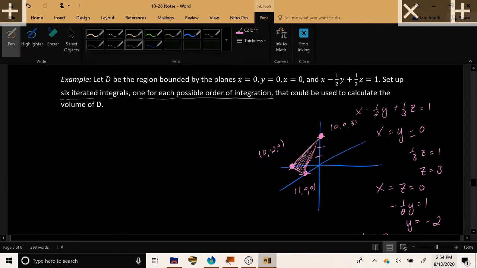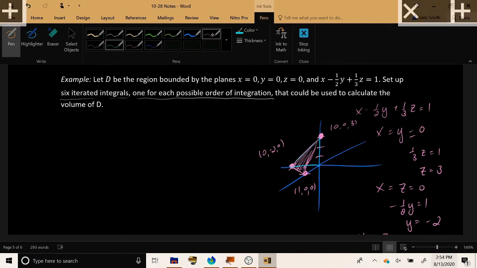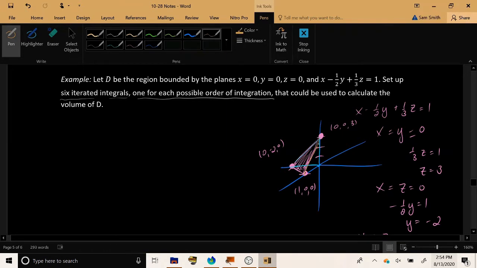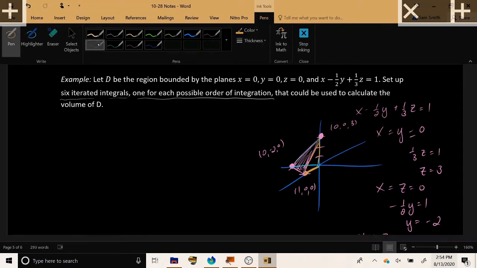Also bounding this region are the plane where x is equal to 0, this plane in the back, y equals 0, being this plane here in the front, and z equals 0, being this region in the bottom.